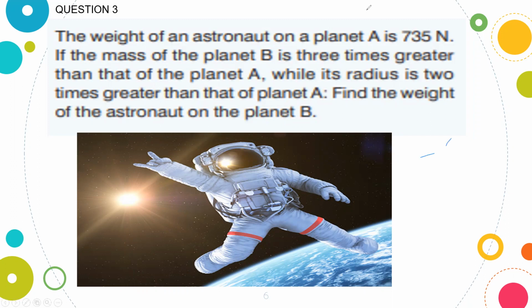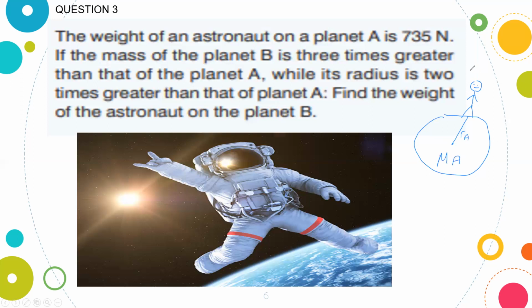Let's draw what they're asking, with a diagram it's going to be much better. First of all, our astronaut is here on planet A. Let's write RA for the radius, and mass MA.